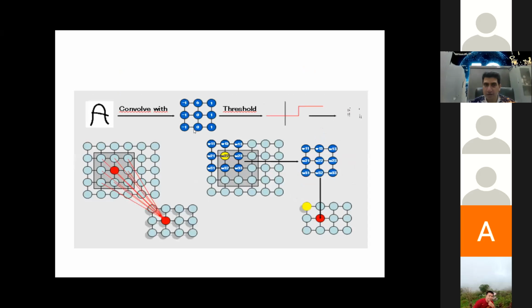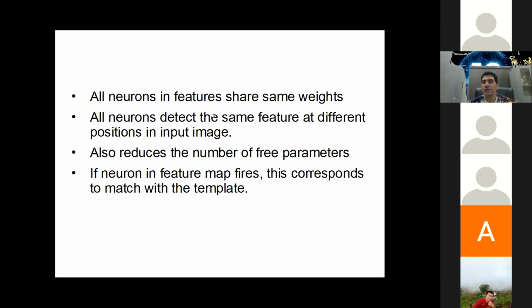How this works: this is an A convolved with the kernel, and whatever output I get is this one. Convolving, as in the previous animated image I have shown, is what is happening actually. Convolution of this gives you a single point. All the neurons in the feature map share the same weights. Neurons detect the same features at different positions.